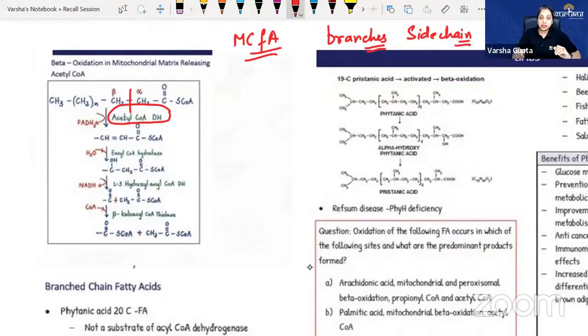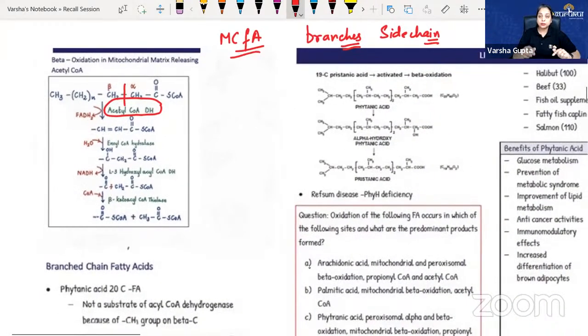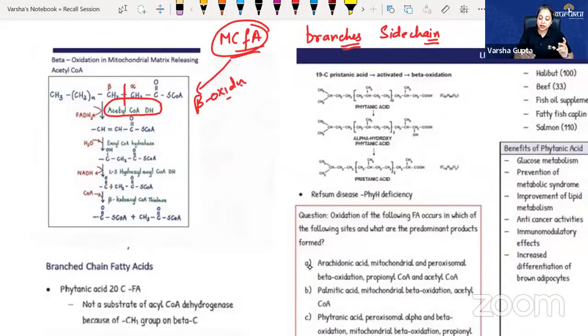If you have the branches, then the fatty acid has to be taken to the peroxisomes where they are trimmed so that you have the medium chain fatty acid and the regular beta oxidation takes place. Same place if you have very long chain fatty acid, that is more than 22 carbon, I'm sorry about that, okay?